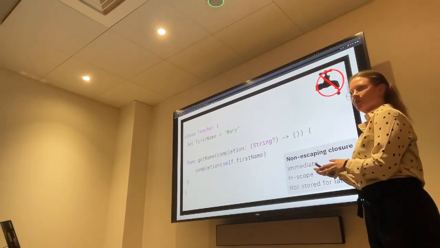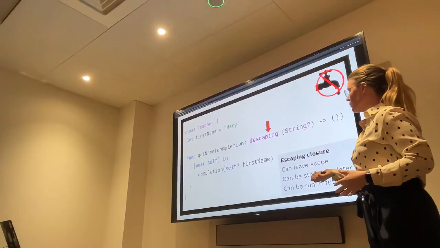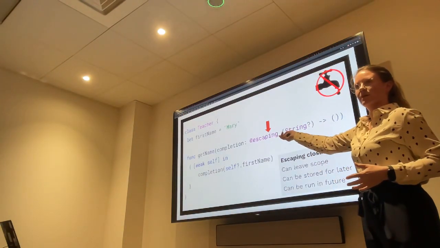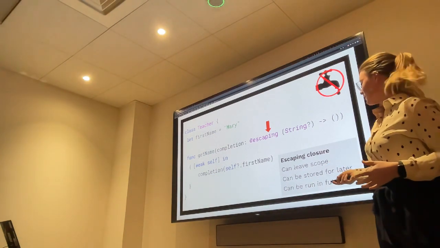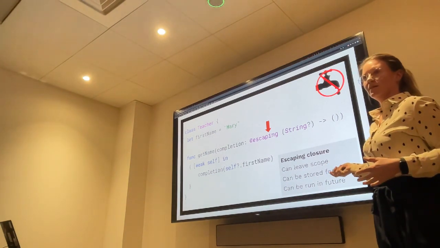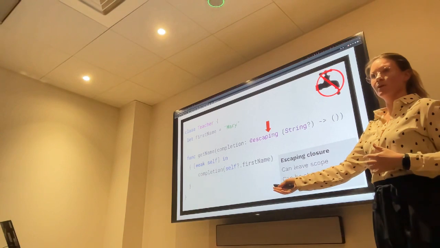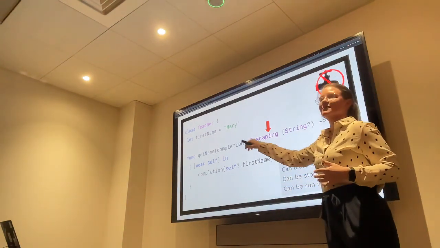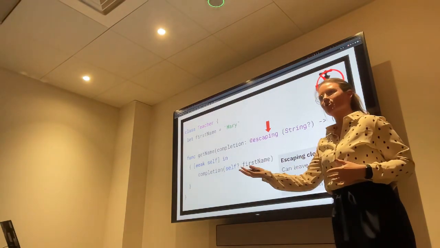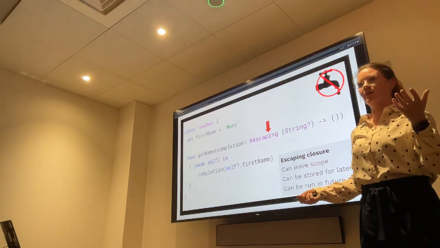Its counterpart, though, so you have the non-escaping closure, we usually see escaping closures in our code. The escaping closure can leave its scope. It can be stored for later, and it can be executed in the future. A future where maybe self doesn't exist anymore. Maybe the closure exists, but its class has been deallocated.